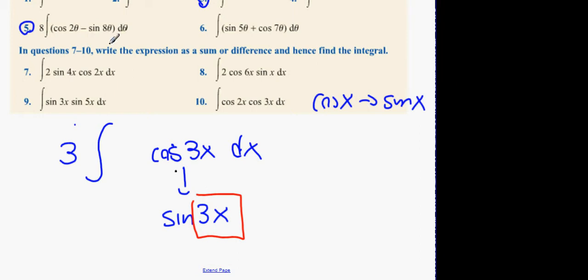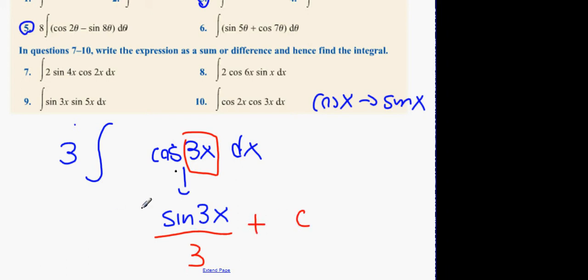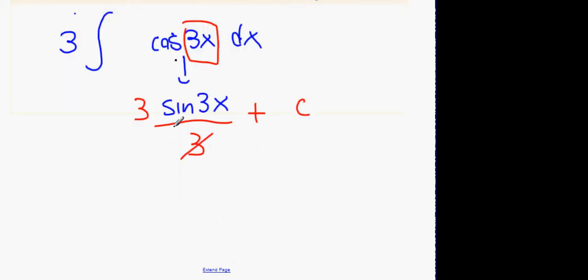Divide by 3. So when I do an integration, I change cos 3x into sin 3x, and whatever the derivative is of the angle, I divide by it. Then we have our plus c. But what did we forget about? The 3. Multiplying the 3, and what happens? So the answer is sin 3x plus c.